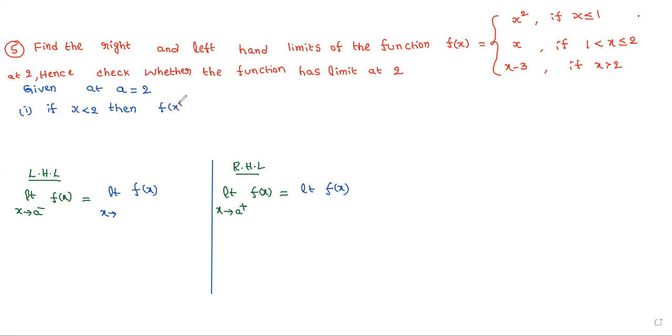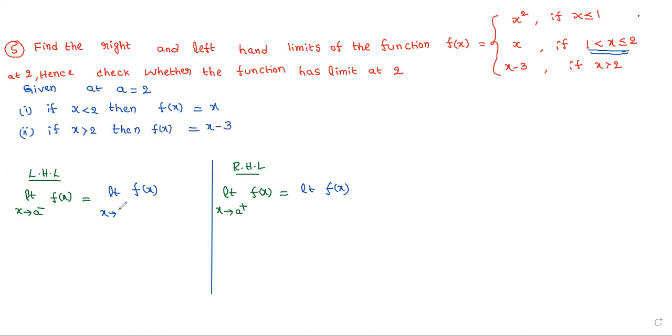X less than 2 means values below 2, so this condition is satisfied. Second condition: if x is greater than 2, meaning values above 2, the formula is x minus 3.